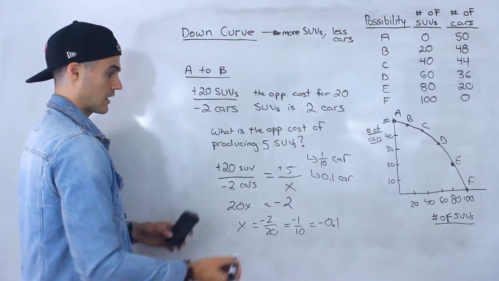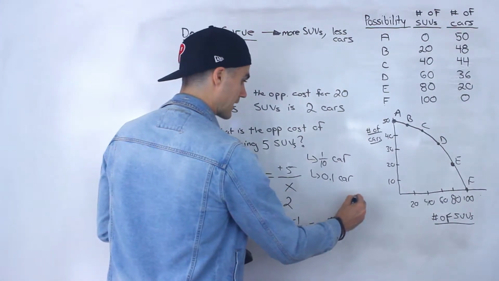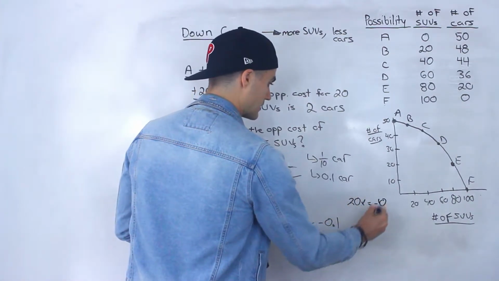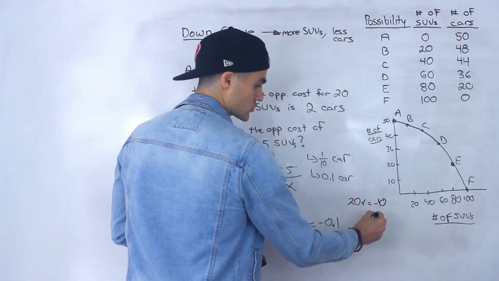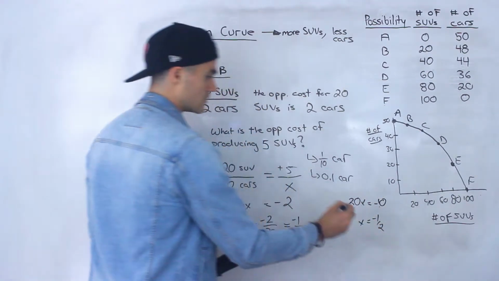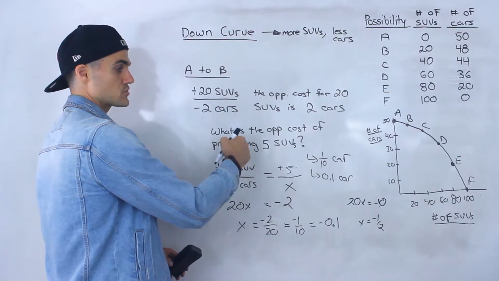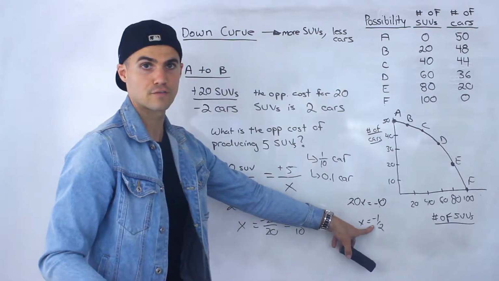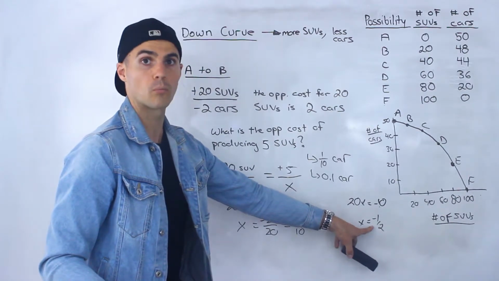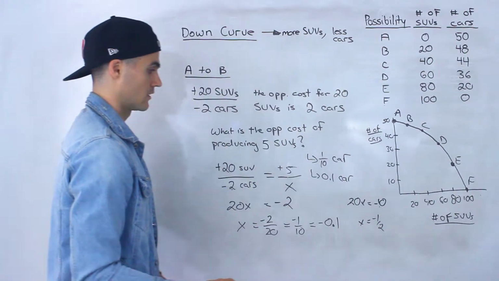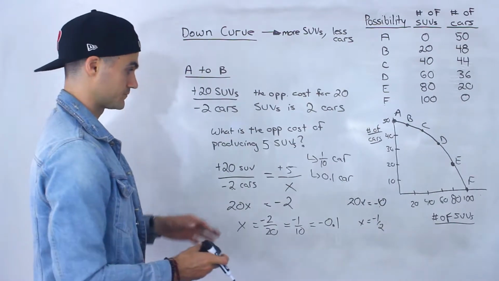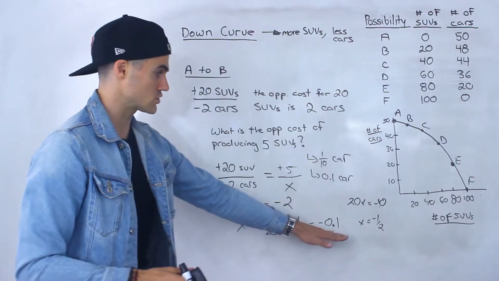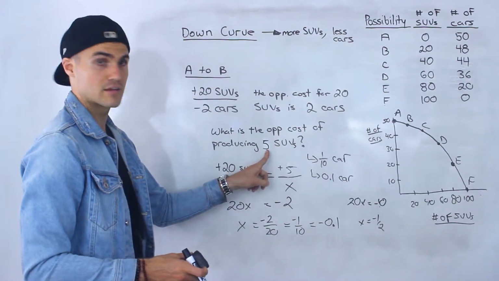When you solve for x, you'd have 20x equals -10. So x would be -10 over 20, or -1 over 2. So the opportunity cost of producing 5 SUVs is sacrificing half of a car, or 0.5 of a car. Okay, so just be comfortable getting fractions or decimals and this number changing.